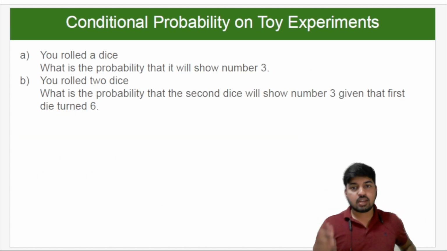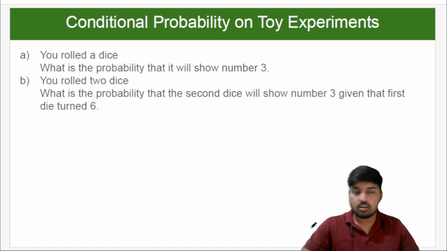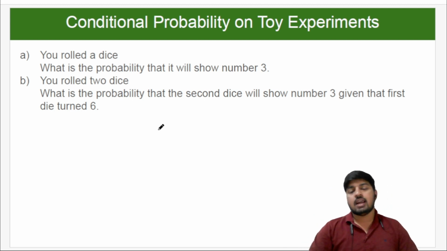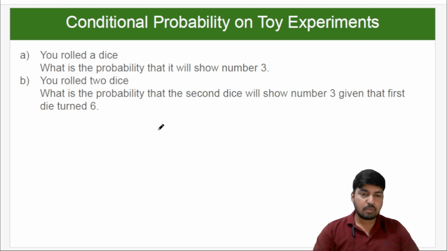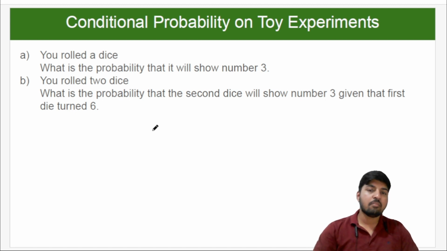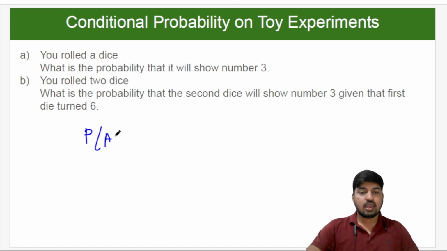See, I have missed one important part of conditional probability, that is, how you will calculate it. So we mostly say probability of A given B. Given B is the event which has occurred.